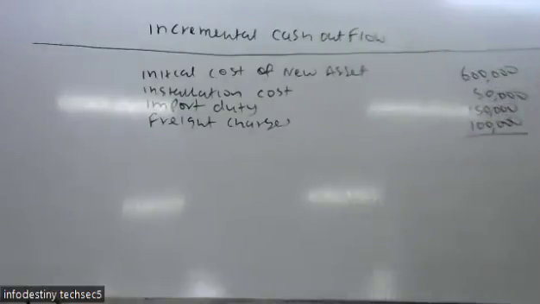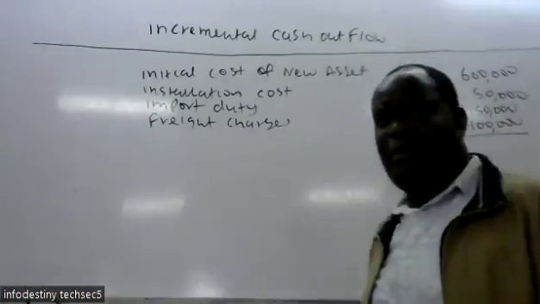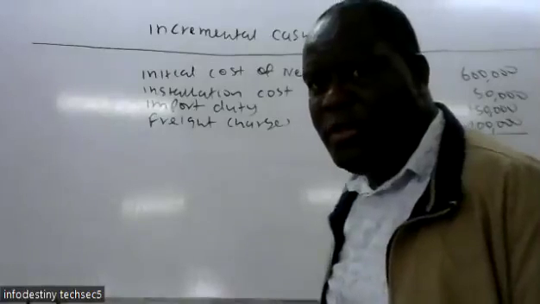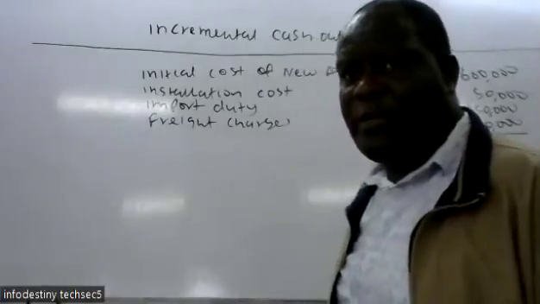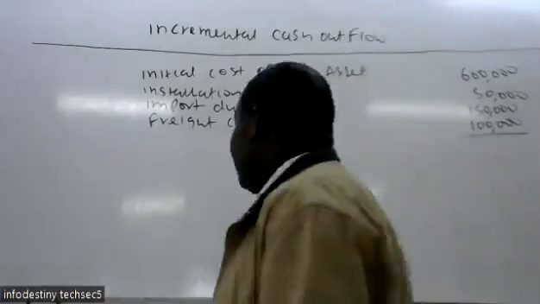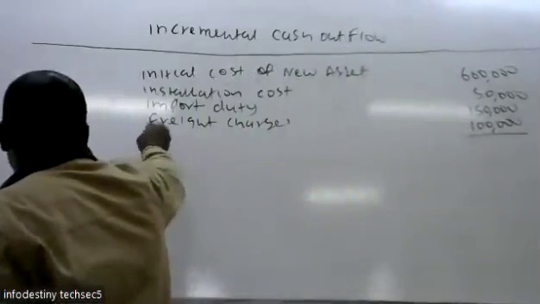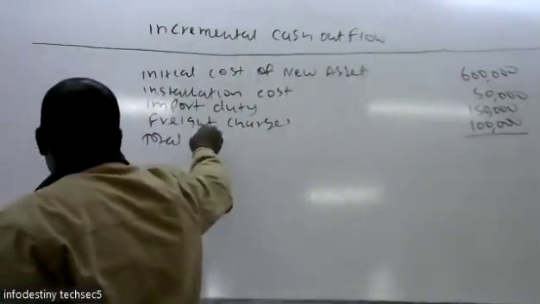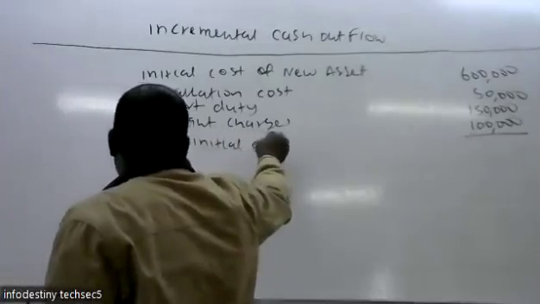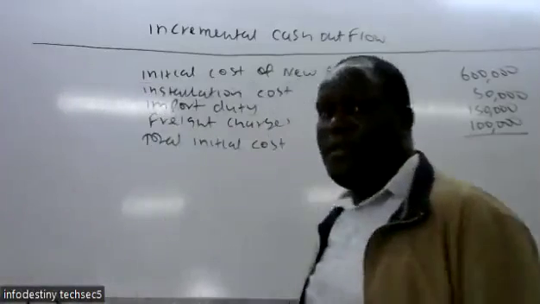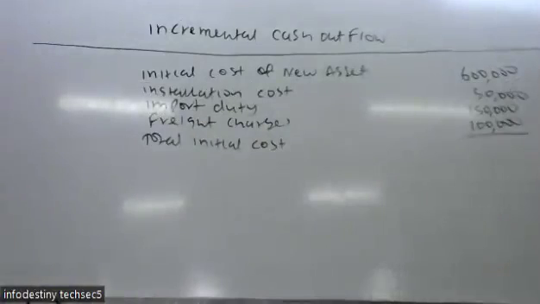First, you add them together to get the total initial cost. So what is the total initial cost? 900,000.